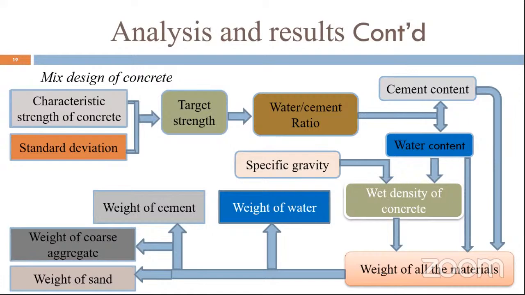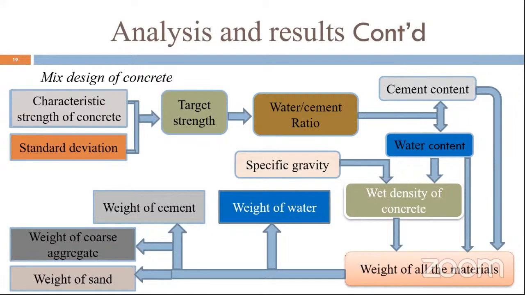From the table of slump and VB time and size of aggregate used, we were able to obtain the water content required, which was found to be 210 kilograms per cubic meter. From this value, we calculated the amount of cement needed, and we found that 404 kilograms per cubic meter was required. The cement content is calculated with a formula: cement content equals water content over water cement ratio.